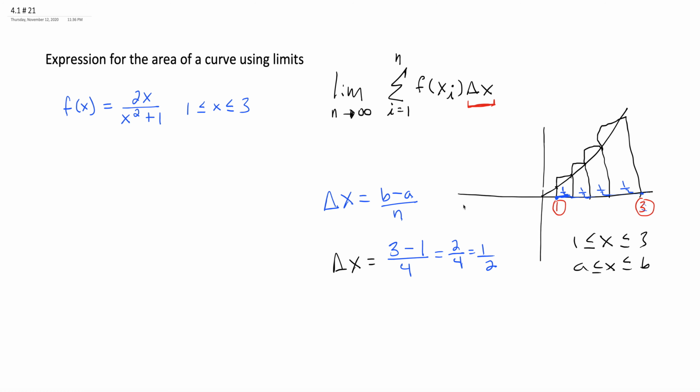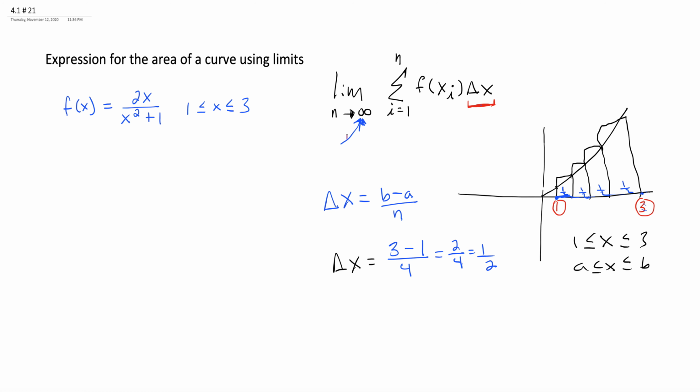Okay, so if you're taking this to infinity, that just means you're going to have a smaller delta x. If you're going to have infinitely many subintervals, then your delta x is going to be smaller. That also means your delta x is going to have an n in it.